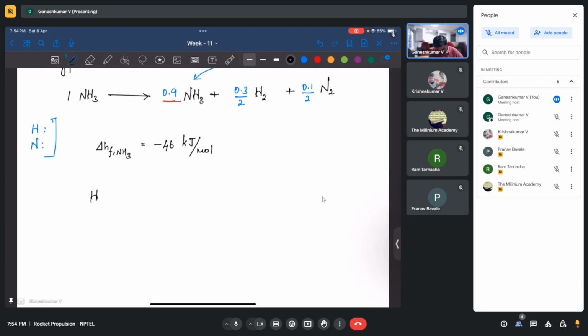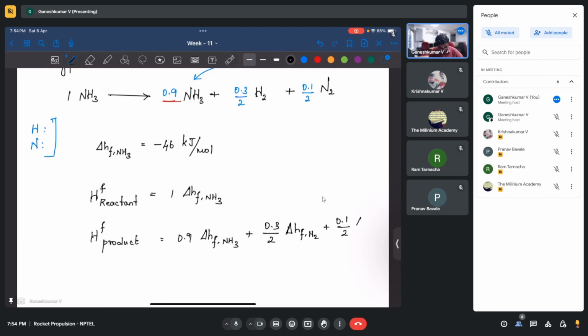The formation enthalpy at the reactant side is 1 times delta HF of NH3. The formation enthalpy of the product side is 0.9 times delta HF of NH3 plus 0.3 by 2 times delta HF of H2 plus 0.1 by 2 times delta HF of N2.